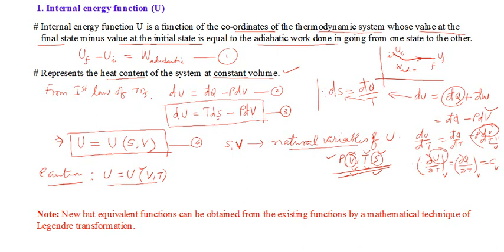That is something important, and that is why S and V are called the natural variables of U. If you are able to express the internal energy of a system in terms of its entropy and its volume, then that function is a complete function, full of hidden meanings, and that much information will not be available if it is expressed in terms of other variables like volume, temperature, pressure, etc. You can do it, because all these are mathematical functions.